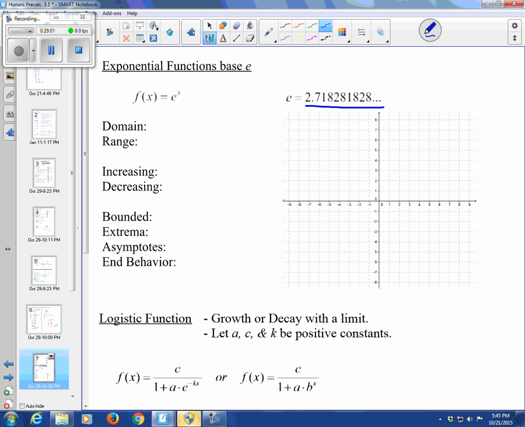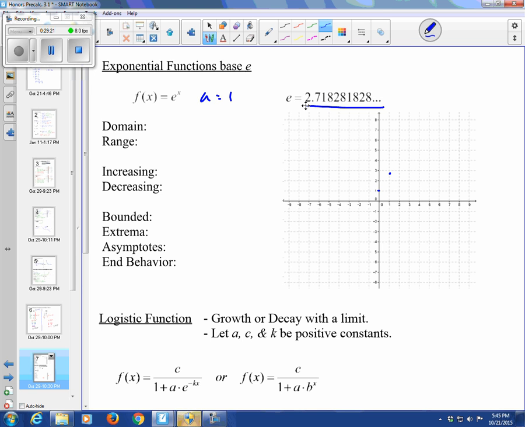Right here, we can say that we have an initial value of 1, so we can sort of plot that ordered pair. Then right here, when we raise e to the 1 power, we get e, or approximately 2.7182 whatever, right? So right here, we get that value. And then if I raised e to the negative 1, I would get 1 over e as the output.